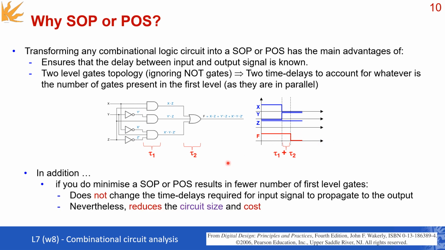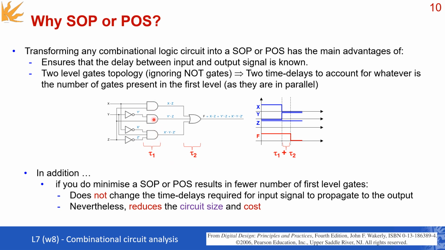Furthermore, if you choose to minimize the sum of products or the product of sums, what you achieve is to have the same time delay, because you do not change that. You cannot change that. It will always have to go in parallel through one level in a second. However, what you do is that you can reduce the overall circuit size.